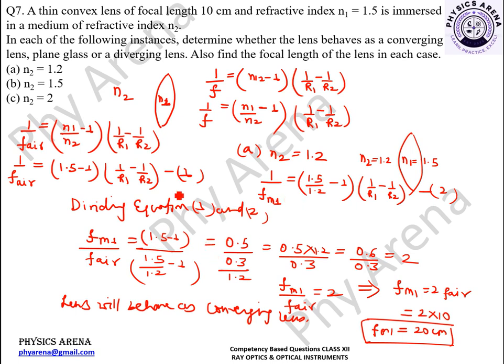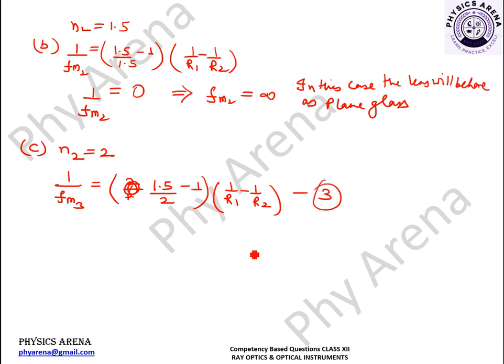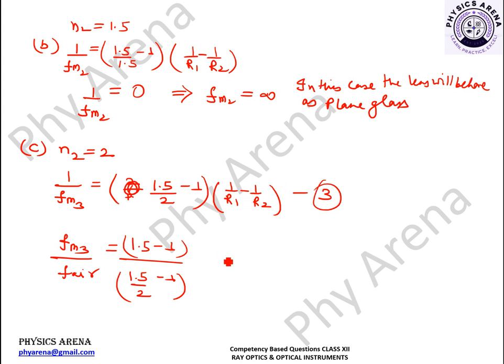Now I can take the help of equation number 1, that is focal length in air, and divide equation 1 and equation 3. So what can I write? Focal length in medium 3 divided by focal length in air is equal to (1.5 minus 1) divided by (1.5 upon 2 minus 1), and the 1 upon R1 minus 1 upon R2 term will vanish because both have the same component and we can cancel it out.